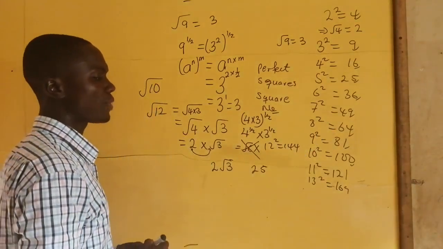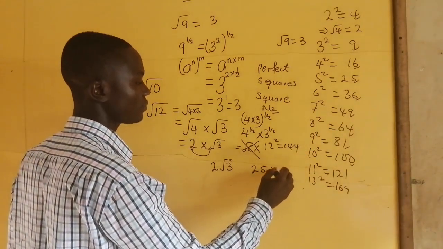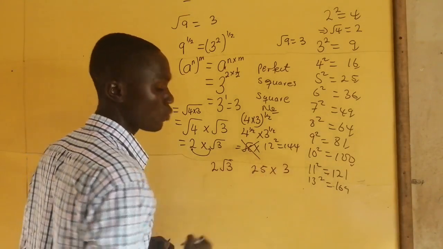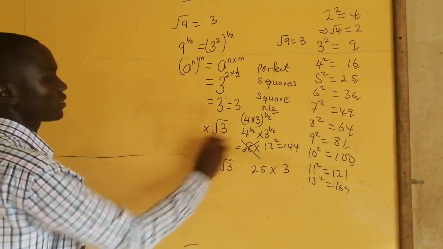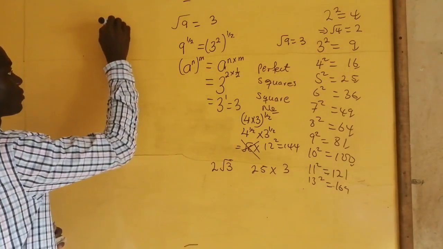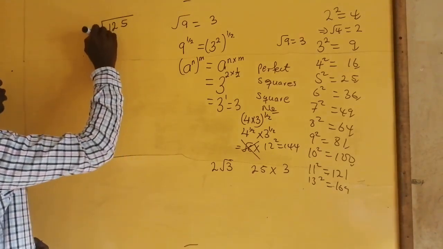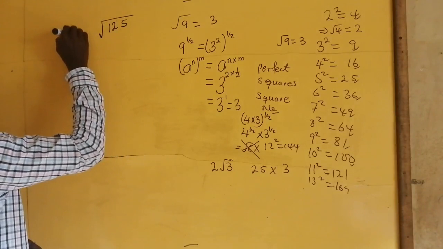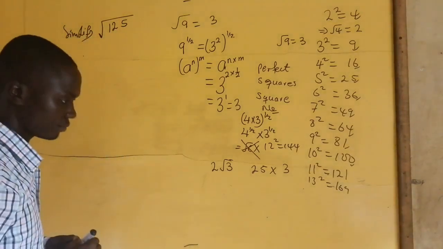And then multiply 25 by, let's say, 3. Wow. So this will simply give me 125. And then let me put this under the square root. So how do I simplify root 125?